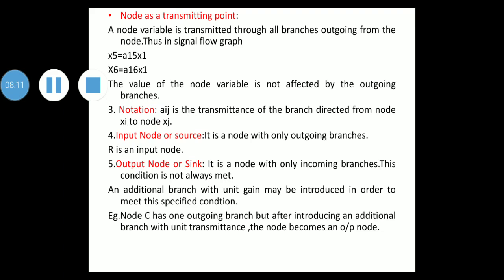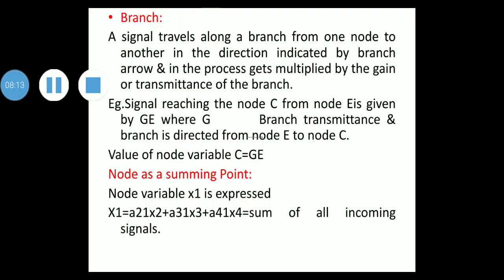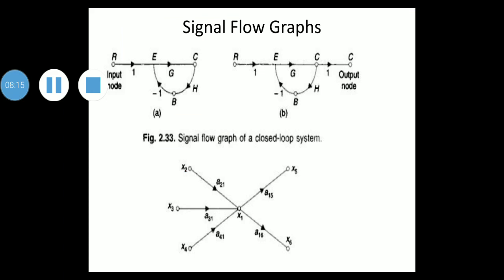For example, node C has one outgoing branch, but after introducing an additional branch with unit transmittance, node C becomes an output node.